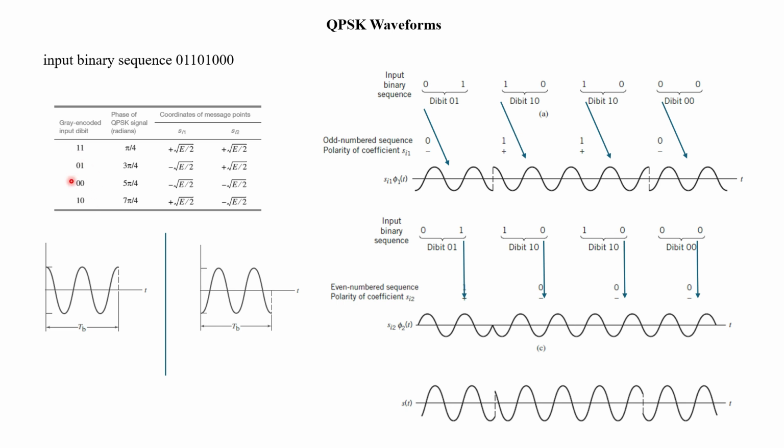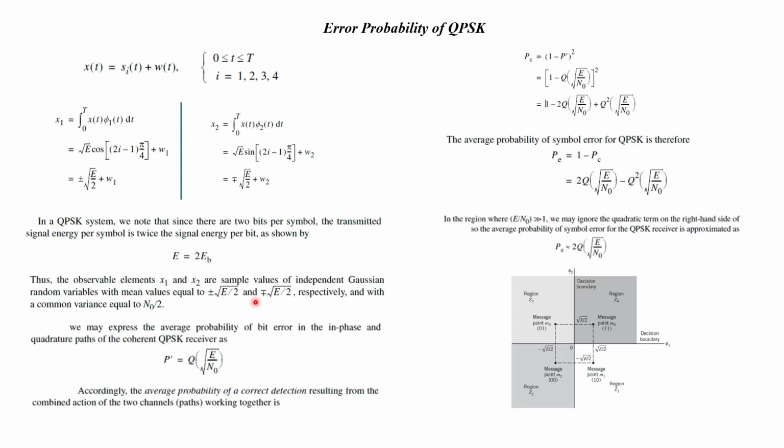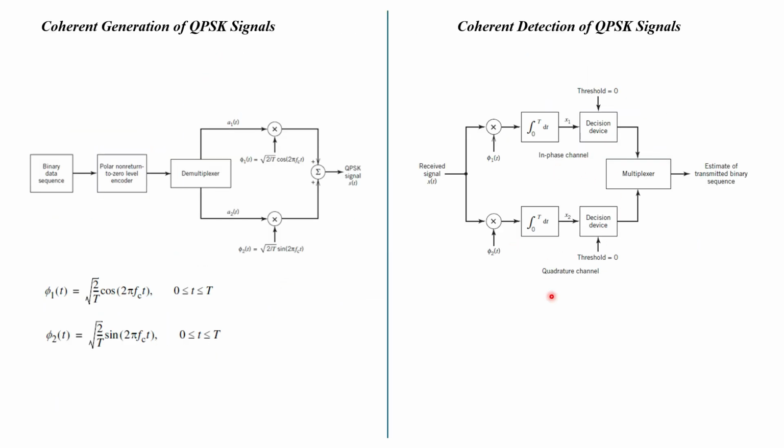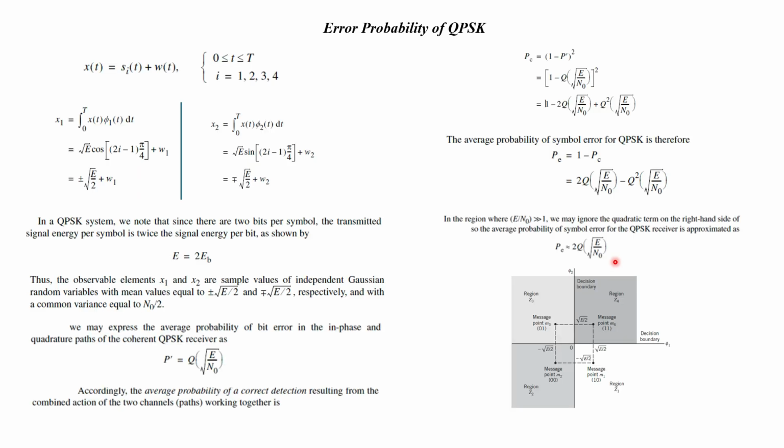If the input bit is binary 1, for Tb duration we are going to transmit the in-phase signal, and for 0 we are going to transmit the out-of-phase signal. And we have to remember here, as there are two channels, the in-phase and quadrature-phase channel, here we are multiplying with cosine and here we are multiplying with the sine signal.